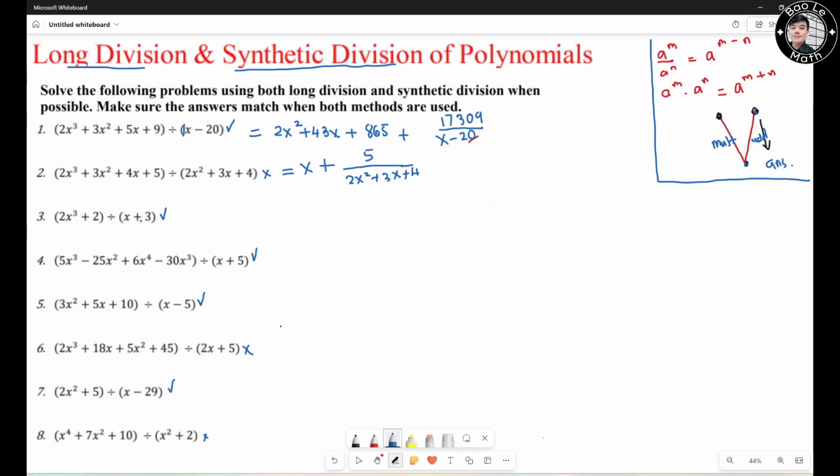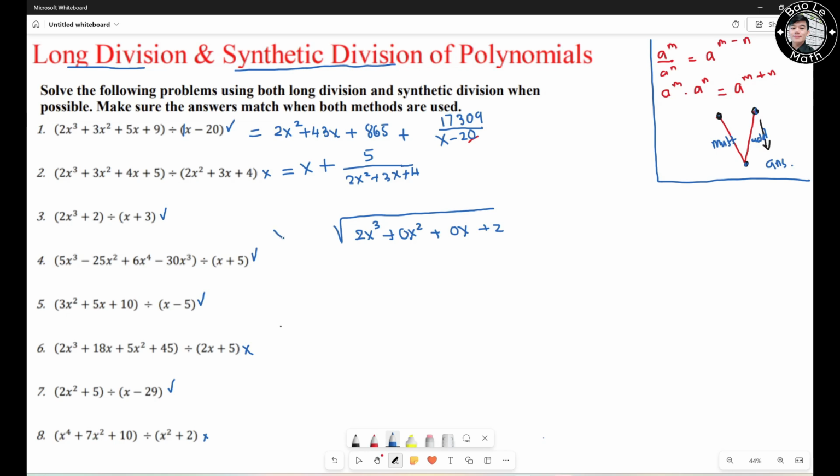Alright, this is a linear factor, so we can do both methods. First, we need to do the long division, so this could be 2s cubed. You don't have s squared, so you need to write 0s squared. You don't have s, so you need to write 0s and then plus 2.